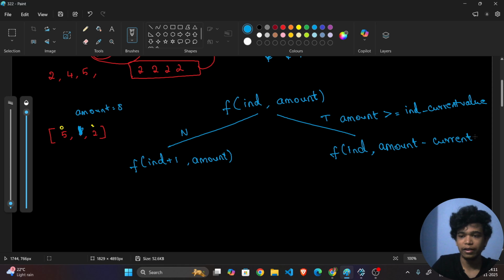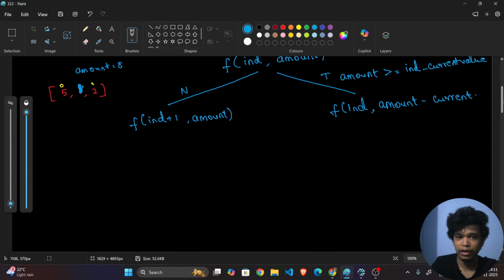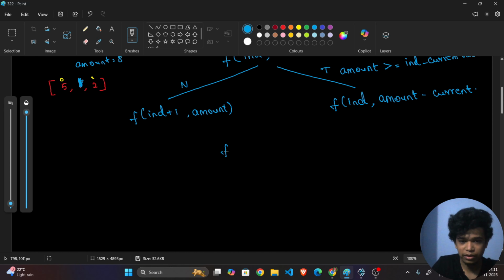If you still cannot understand this, I'll draw the recursion tree, then you will be able to understand. Initially where should I start? I will start from the 0th index, and my amount currently is 8. Now I have 2 choices: one is not take, another one is take. For not take we don't have any conditions, just don't take it.